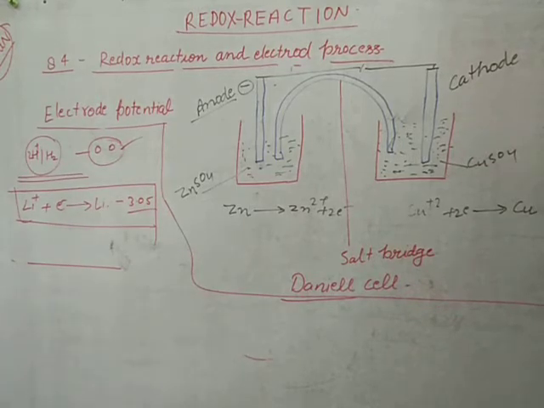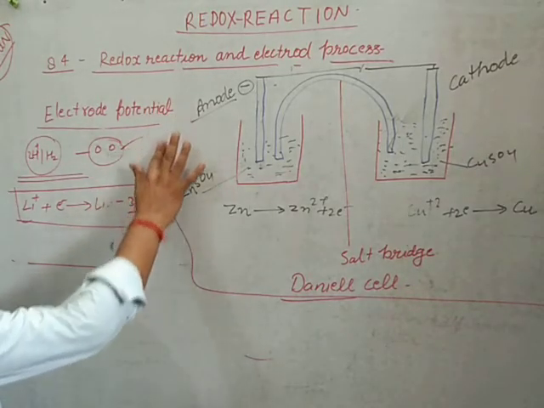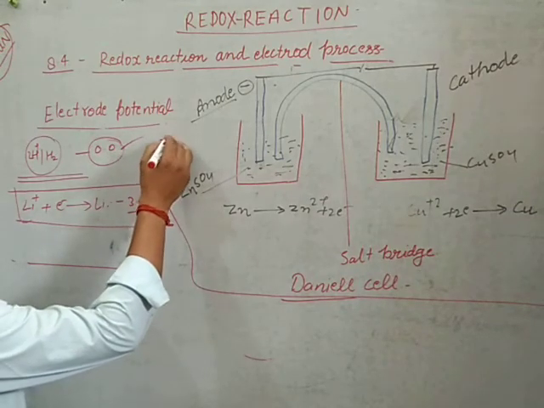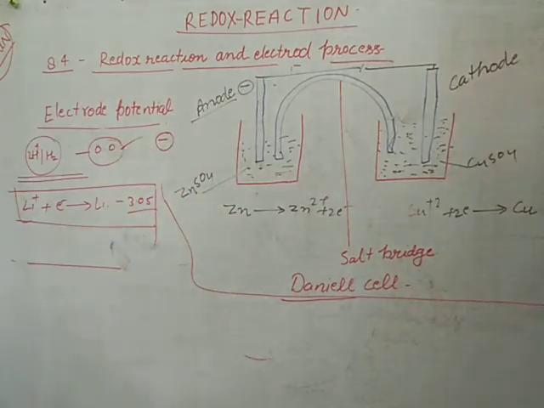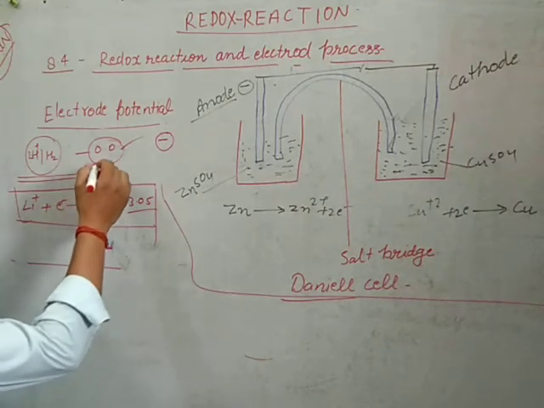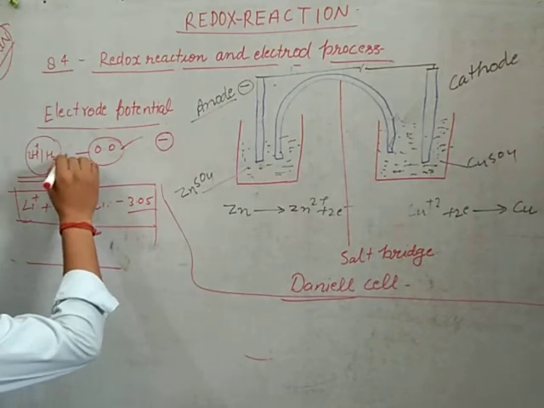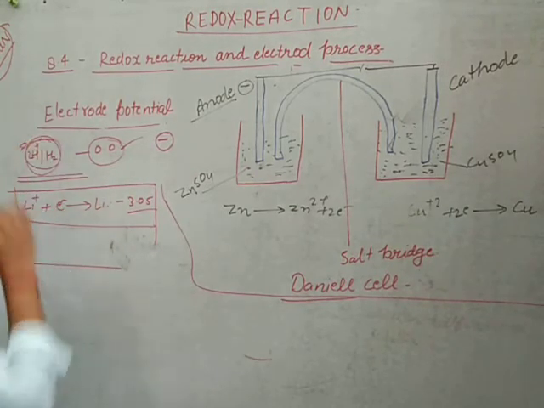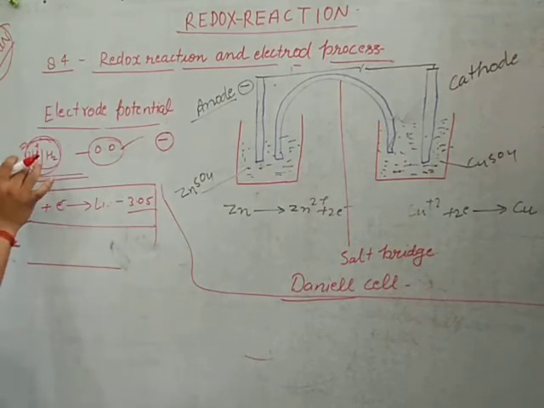So here we have to see one point: a negative value of a redox couple shows that it is a stronger reducing agent than the hydrogen redox couple.